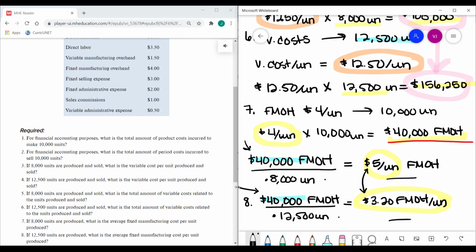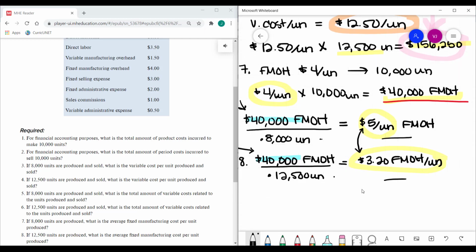So when activity goes up from 8 to 12.5 here, the cost per unit goes down. Okay, so let me write that here. So when activity goes up, the fixed costs per unit go down.